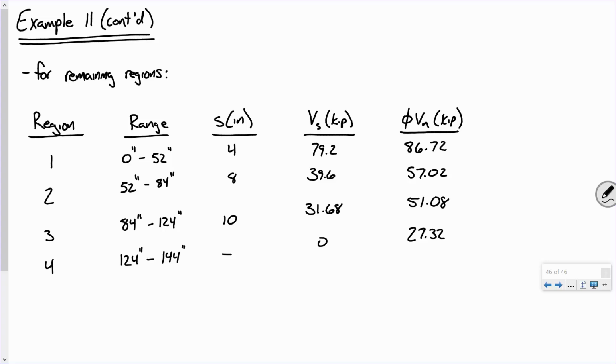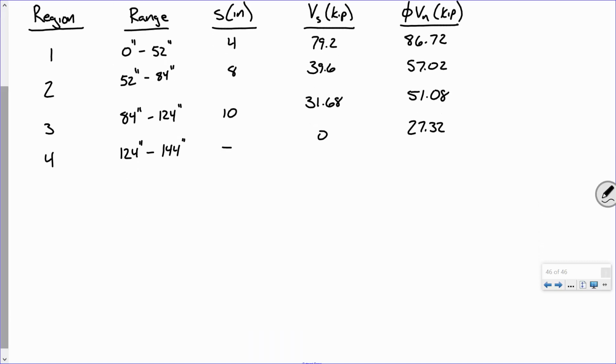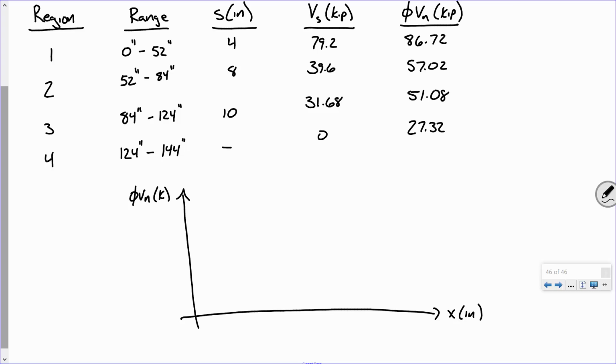So if I were to plot that, we'll say X, and this is phi V_n, I would get a line that looks something like this. It would kind of be like a big stair step.